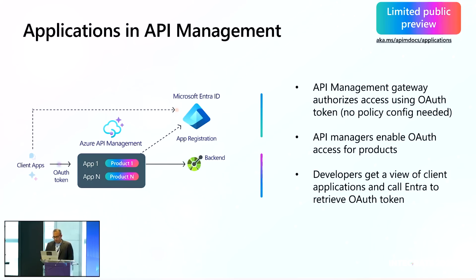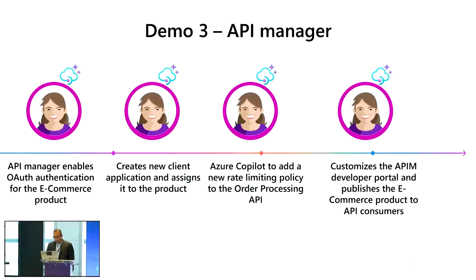So we will actually go through that live. I'm going to play the role of an API manager. The first thing I will do is to open the e-commerce product, to which Alex added my order processing API, and I will enable OAuth authentication. Then I'll go ahead and create a new client application and assign it to that particular product.